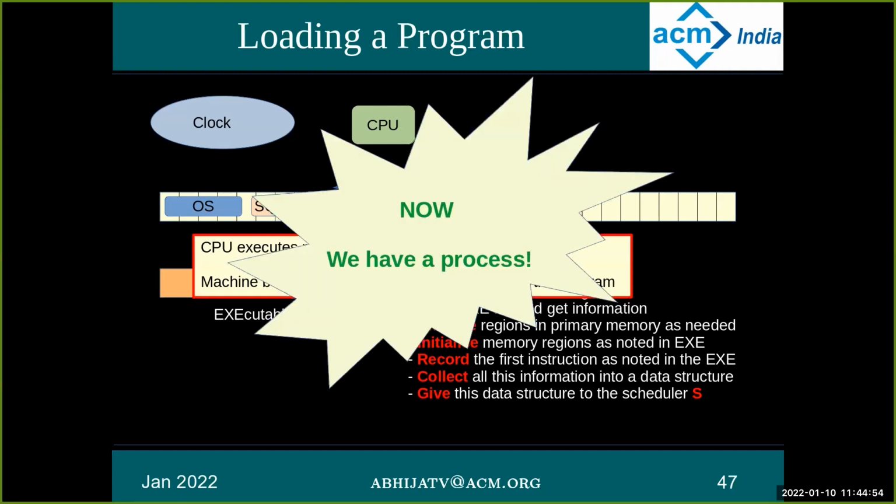This is what a process is. All right. It is critical to understand this idea of a process because the entire idea of computation is to really actually execute processes.